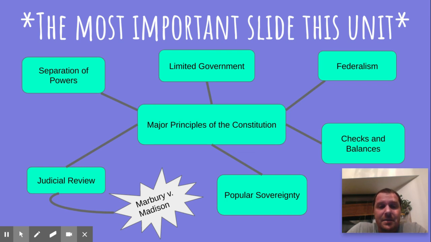The last of the major principles of the Constitution is separation of powers. And students typically get that confused with federalism because both deal with the division of power.